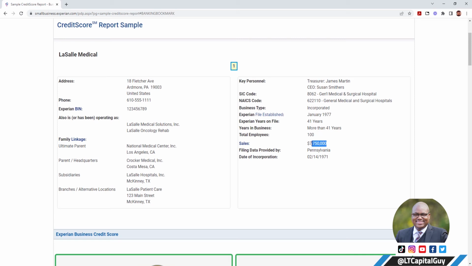In your annual sales, again, this number may or may not be accurate. Obviously, the higher the number, the better. If it were me, and my number of employees and my sales were actually higher on my business credit report than they actually are, I won't complain. I would leave it just the way it is.